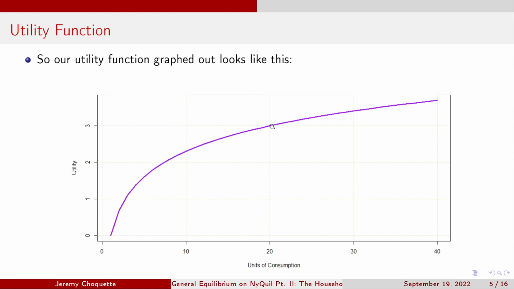Whereas if I were to compare that to, say, going from 20 units of consumption to 30 units of consumption, my utility doesn't increase by anywhere near as much as it did from going from 1 unit of consumption up to E units of consumption. I did E because the natural log of E is equal to 1.